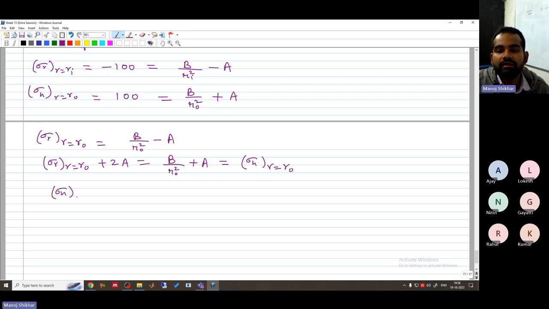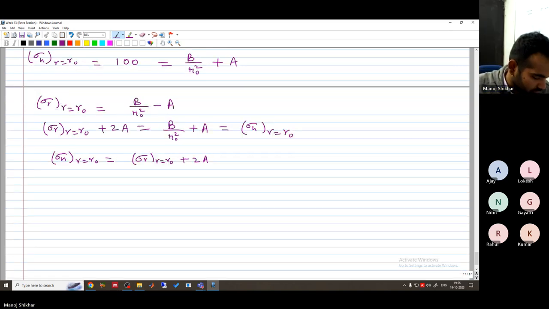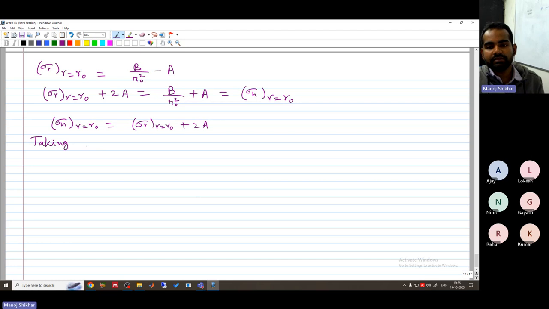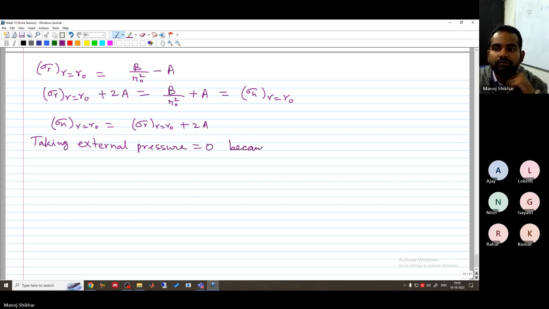So we can write sigma h at r equal to r0 will be equal to sigma r at r equal to r0 plus 2a. Now, since nothing is given in the question about external pressure, we are taking external pressure to be 0, because nothing is mentioned about it in the question.